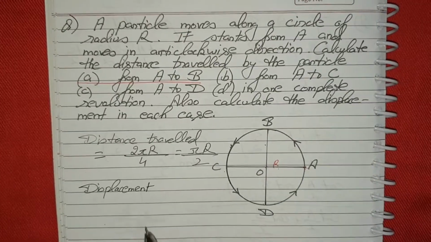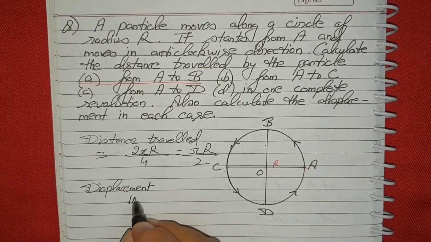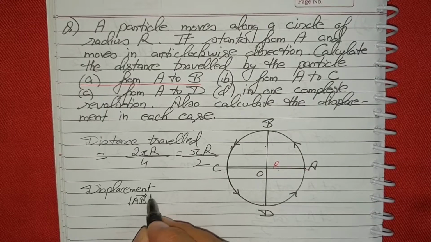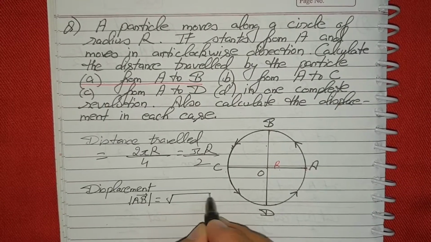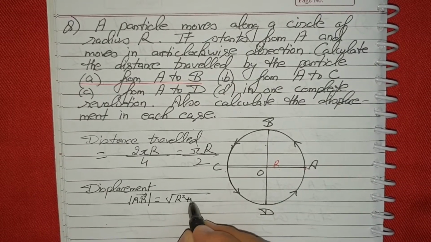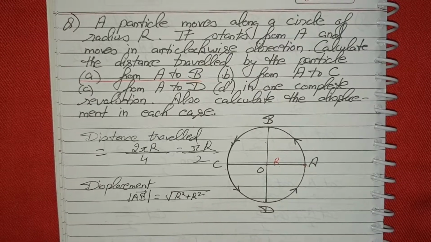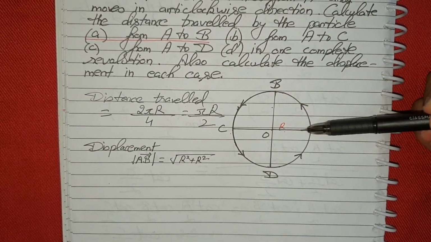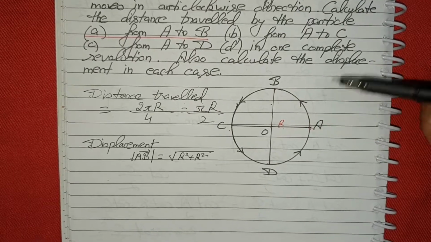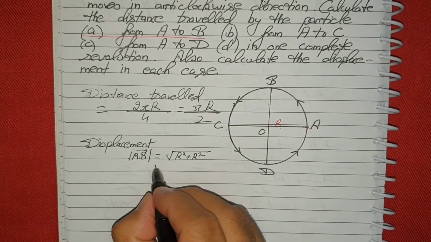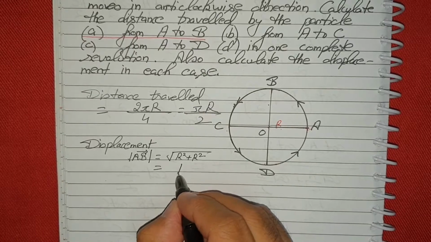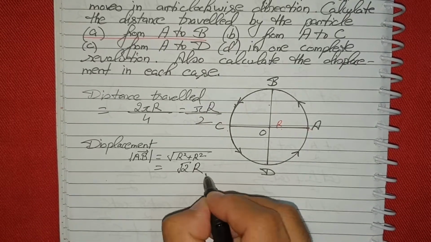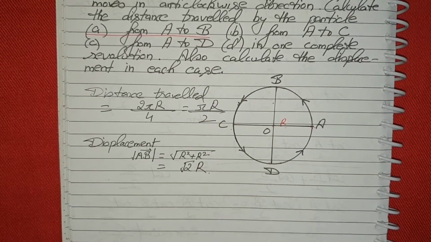So basically this will be the modulus of AB vector, which is under root of r square plus r square, because this will be a right angle triangle in which these are r and this one is the hypotenuse, drawing a straight line, which is equal to root 2 r. So this is our displacement.